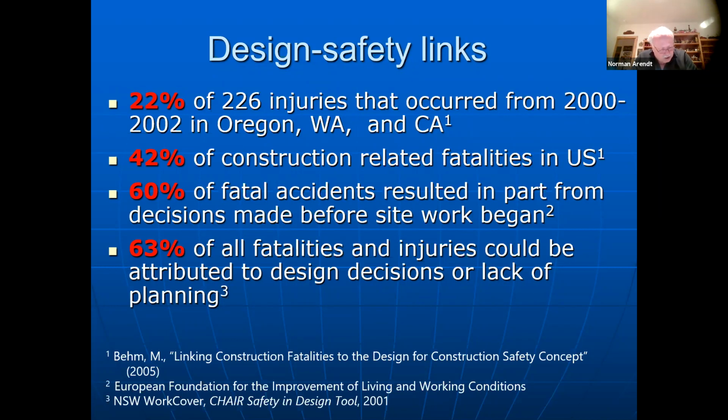A European study published in 1991 found that 60% of accidents could have been eliminated or reduced with more thought during the design process. Research in the UK has found that design changes could have reduced likelihood of 47 of 100 construction accidents studied. So there's a real concern for this.